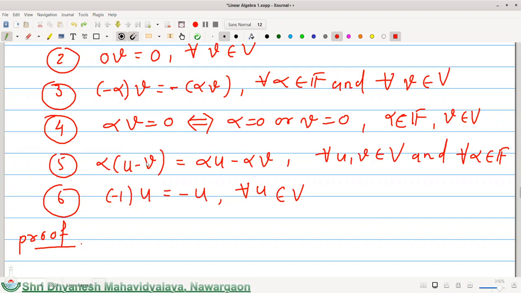alpha into (u minus v) is equal to alpha into u minus alpha into v, true for all vectors and scalars alpha. And last, minus 1 into u is equal to minus u. Okay, so let us prove number one first.